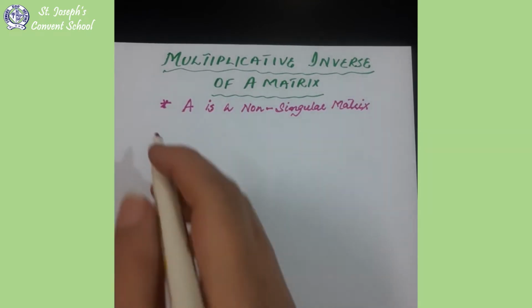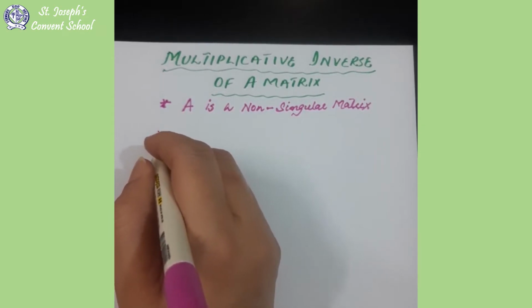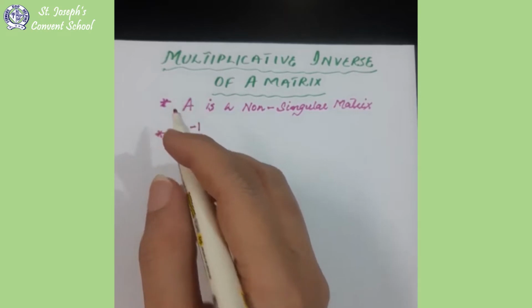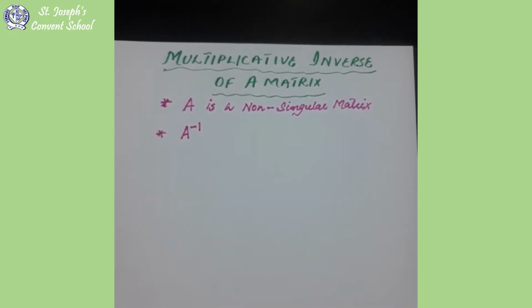Multiplicative inverse of matrix A is denoted as A inverse, like this. If it is matrix B, you will write B inverse.